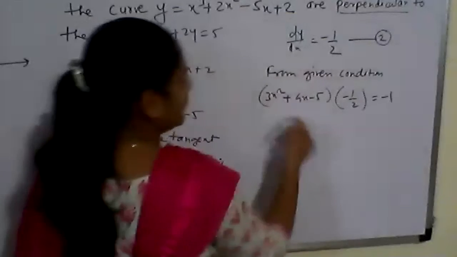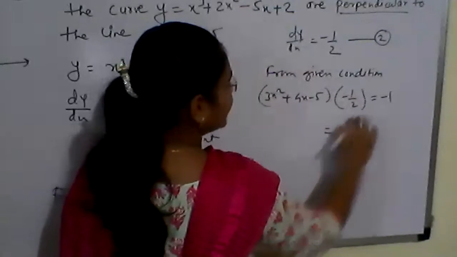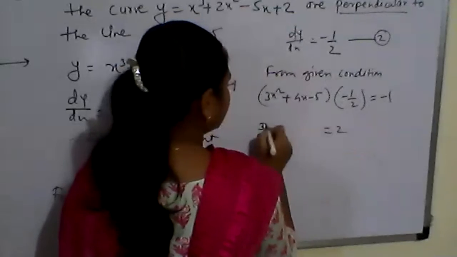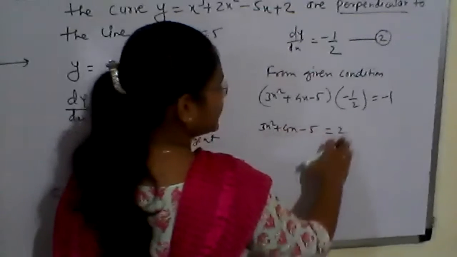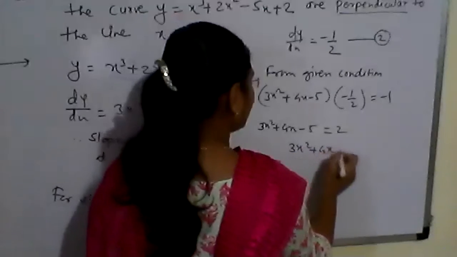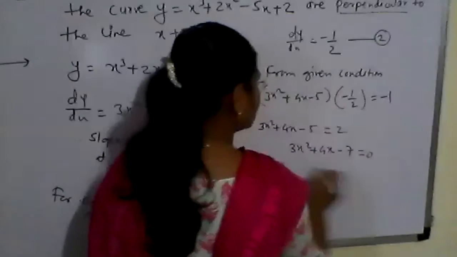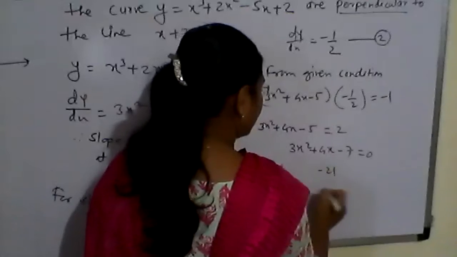This minus minus will get cancelled. We can take 2 this side, it will be 3x square plus 4x minus 5 equals minus 7. So 3x square plus 4x minus 7 equals 0. So minus 21 and plus 4.